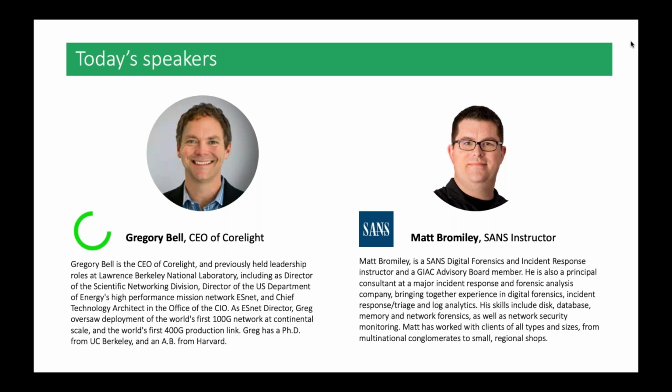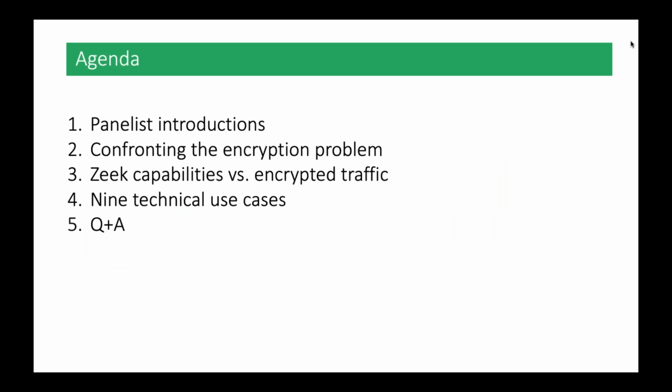So I'll just give you a brief preview of today's agenda. We're going to be talking a bit about the encryption problem, which I think all organizations, all SOCs are dealing with right now: with the rising tide of encryption, from a security perspective, what's the best next move to get visibility and defensibility around that traffic?